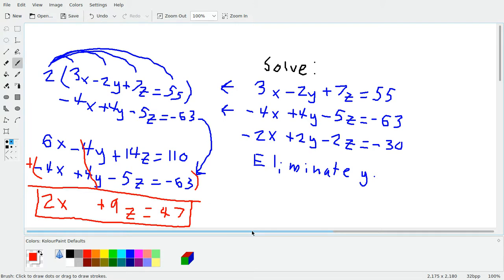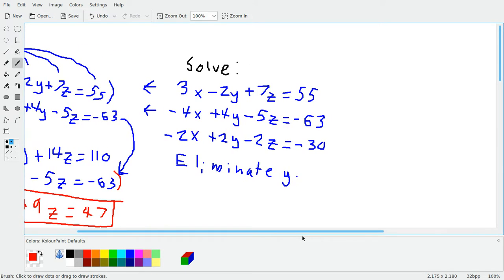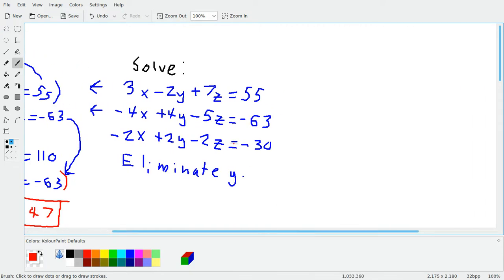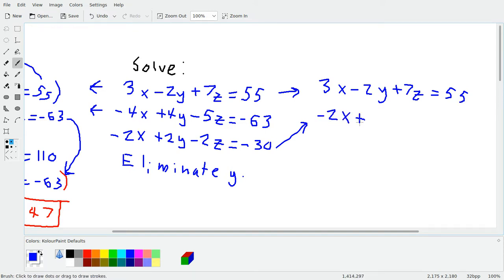Now we need to pick two different equations and eliminate the same variable, eliminate y again. Since the first equation and the last equation already have opposites in front of the y's, let's pick those two. 3x minus 2y plus 7z equals 55, and negative 2x plus 2y minus 2z equals negative 30.